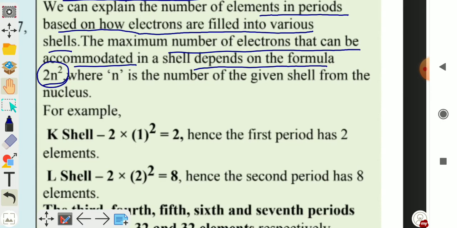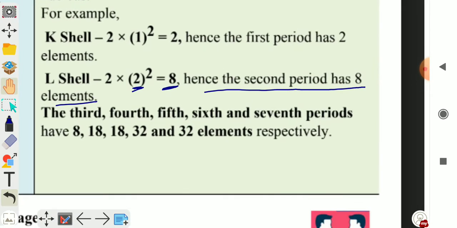Second, if we put the value of n as 2, then the maximum number of electrons will be 8. Hence the second period has 8 elements. Similarly, the third, fourth, fifth, sixth, and seventh periods have 8, 18, 18, 32, and 32 elements respectively.